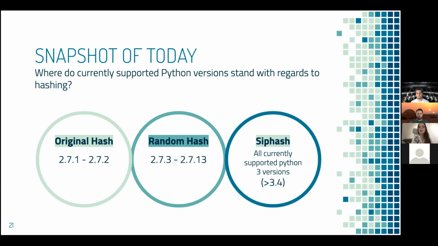If you have any version of Python 3, which you probably should, then you're using the most secure version of dictionaries we know of. That is good news for you and for me and for everyone. So that is an overview of the security of Python dictionaries.